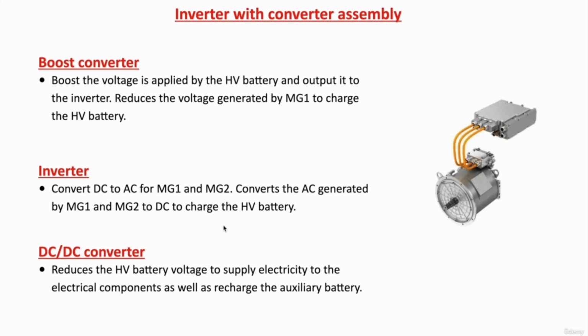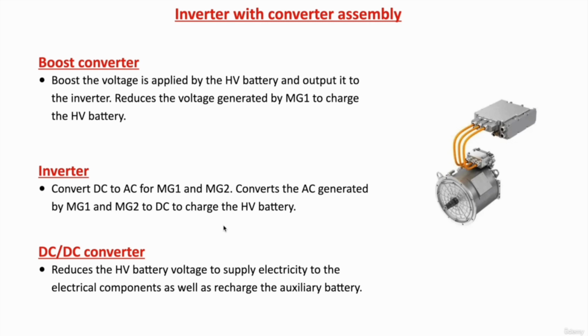Next we have the DC-DC converter. It helps to reduce the HV battery voltage to supply electricity to electrical components as well as recharge the auxiliary battery. So this has only one function. As you know, our electric components work on DC current and our battery also has DC current.